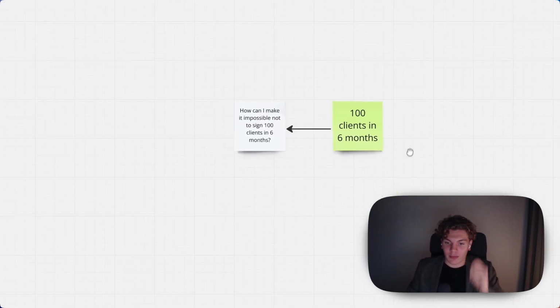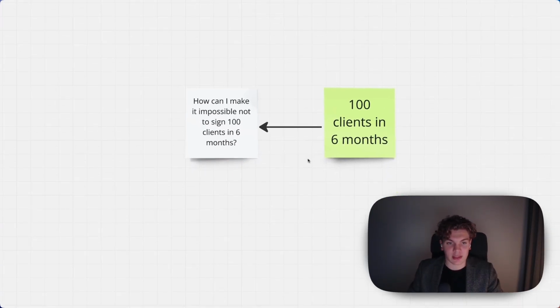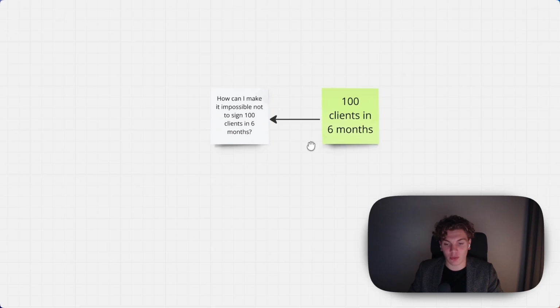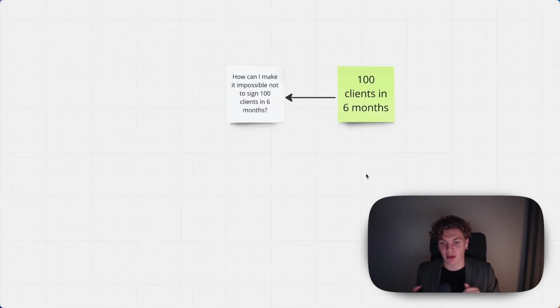Now, the next thing that is crucial here is that you never build the solution around a product, you build the solution around the outcome. What this means is that you don't start with the process, aka how you're going to achieve the outcome. For example, you don't say, how can I guarantee 100 clients in 6 months with cold email or with Facebook ads or with SEO?